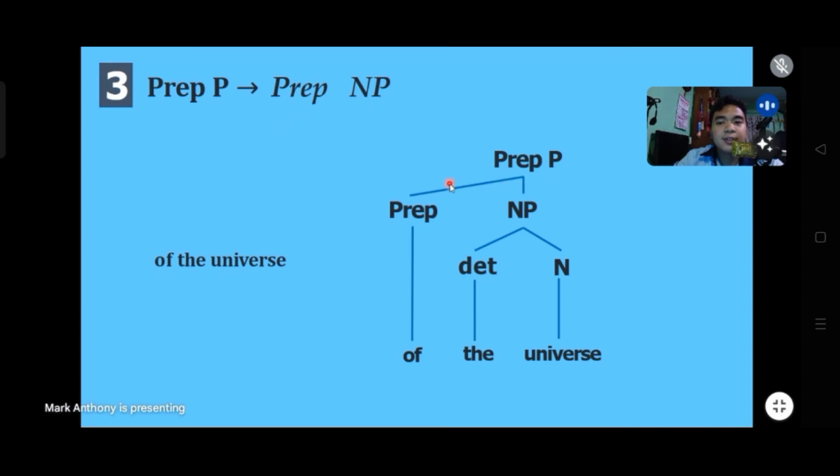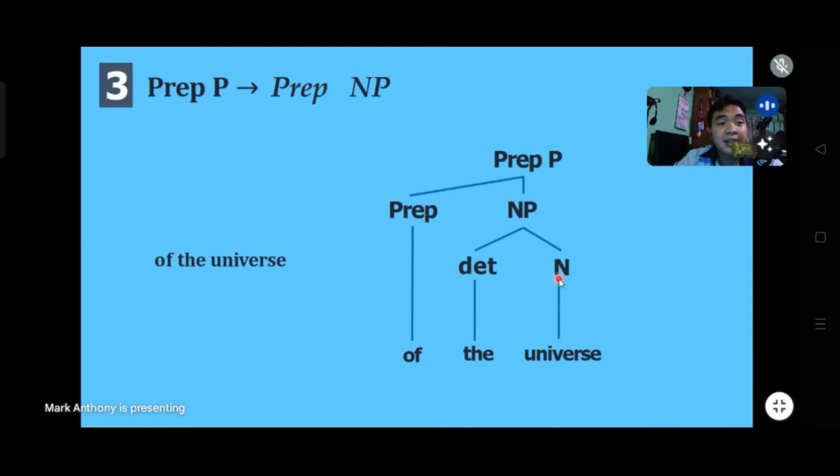And of course, our preposition would be the word of, and then the next constituent would be the noun phrase, in which the next word we have is the, which will act as the determiner in the sentence.